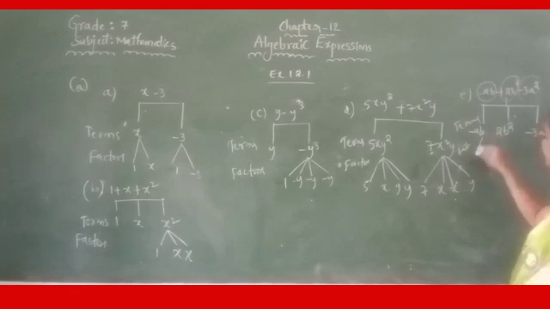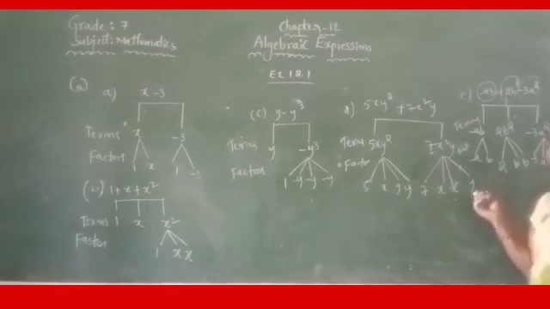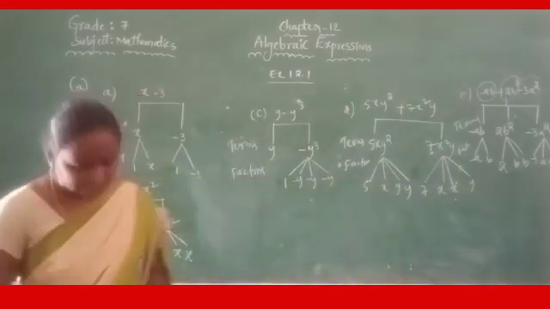Factors are minus a and b. Here 2b square means 2, b into b. And minus 3a square means minus 3, a into a. So like this you have to find the remaining problems also.